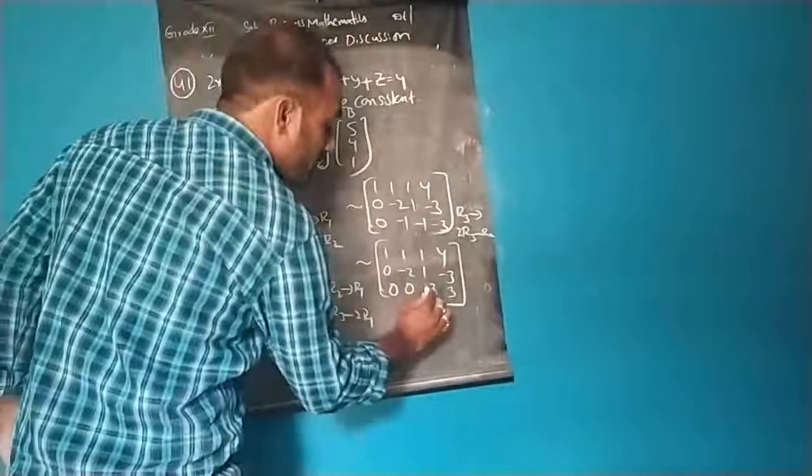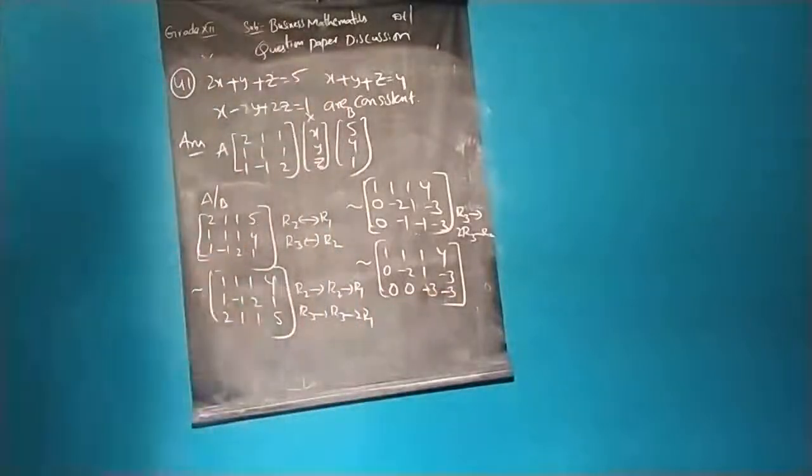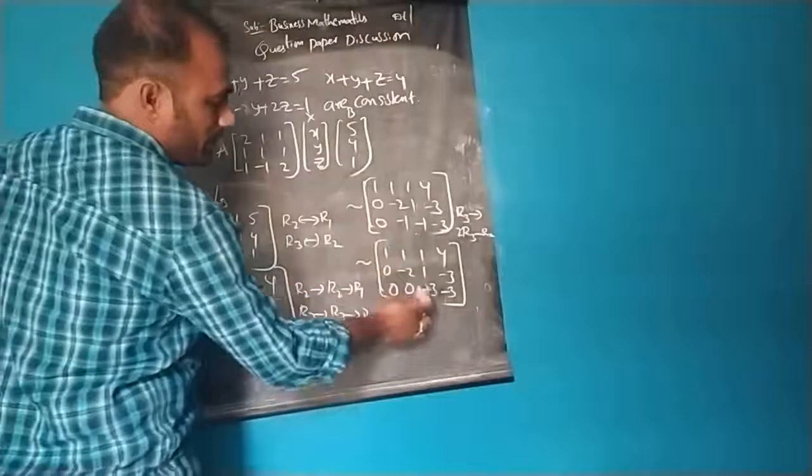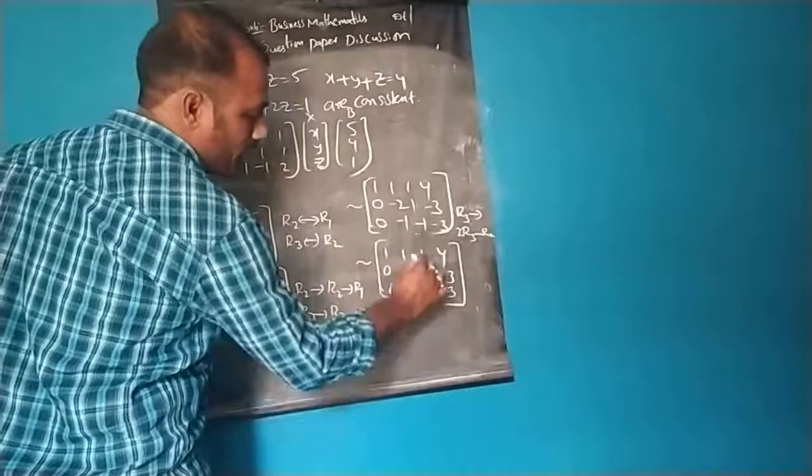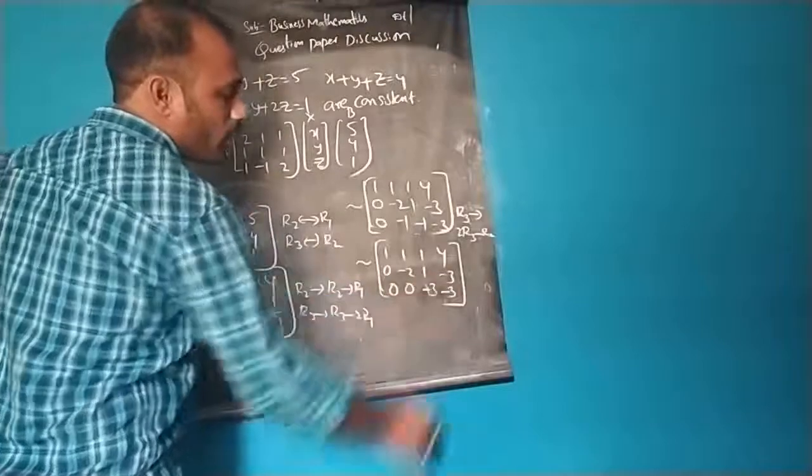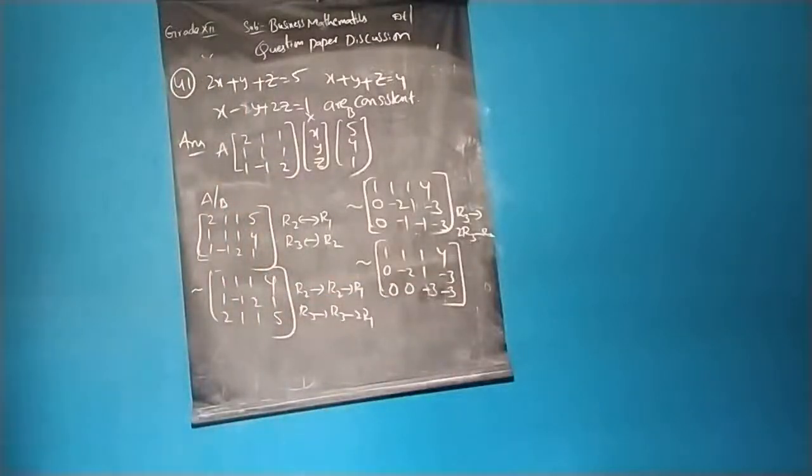So we have minus 3 and minus 3. Now, this is the final matrix, we cannot do further. So here we got the rank of the normal matrix as 3 and the rank of the augmented matrix also 3. Why? Because there are no zero rows.